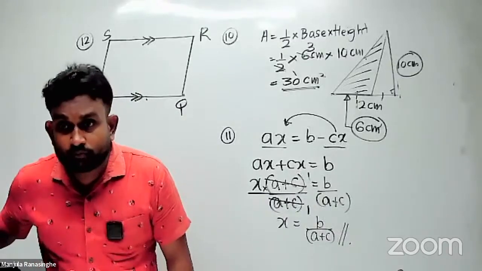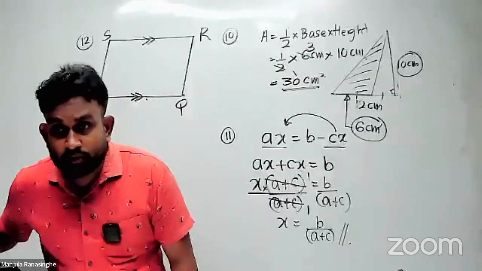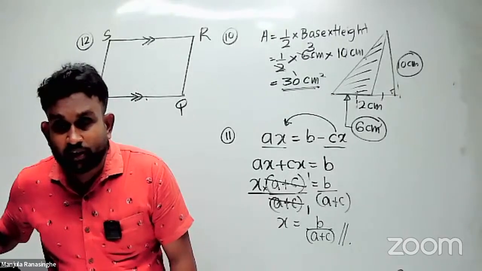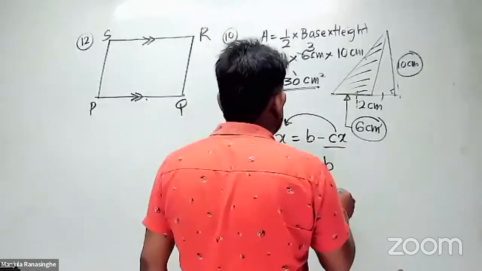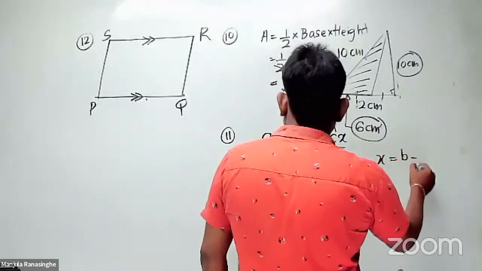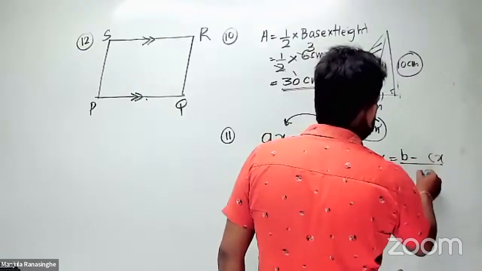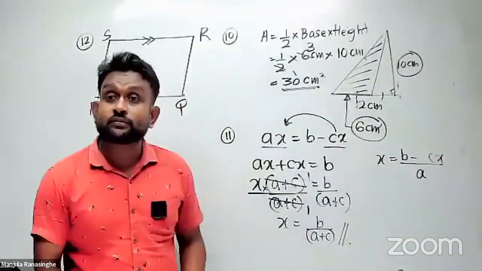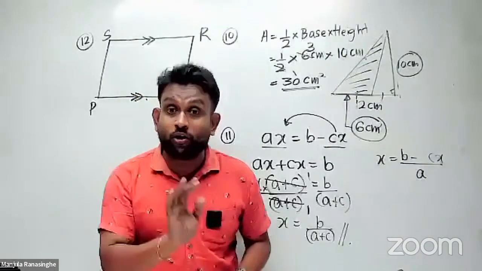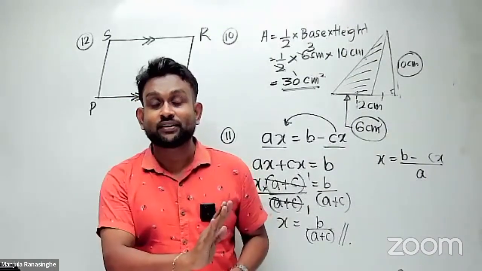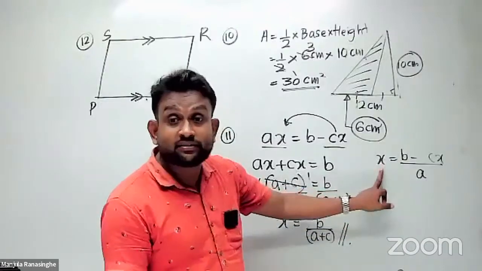Let's put the question. x equals (b minus cx) upon a. No, you cannot. Some students write in the question here x equals b minus cx upon a. But subjecting x means x must be at one side only, solely at one side, right? But you can see x is on this side also.